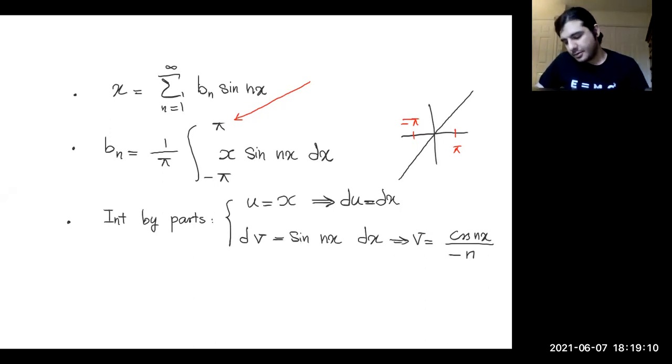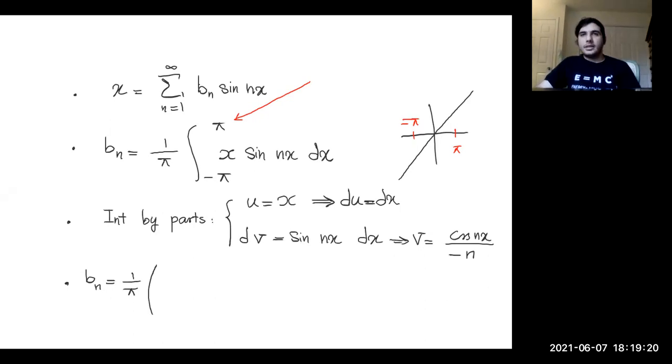So now integration by parts tells us Bn would be equal to 1 over pi times uv minus the integral of v du.